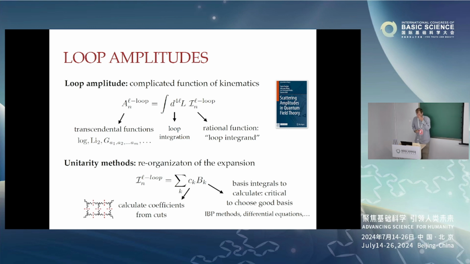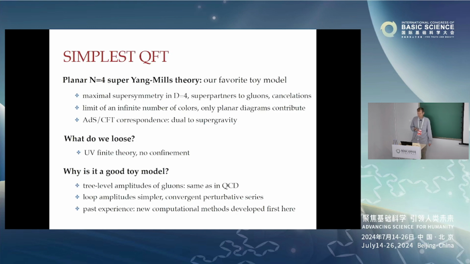This is how people do it on very general grounds. But in our case, we will also calculate this integrand using very different methods. I just want to mention this difference between loop amplitudes, what we actually want, which are complicated functions, and the loop integrand, which is a rational function on the right-hand side of this equation.